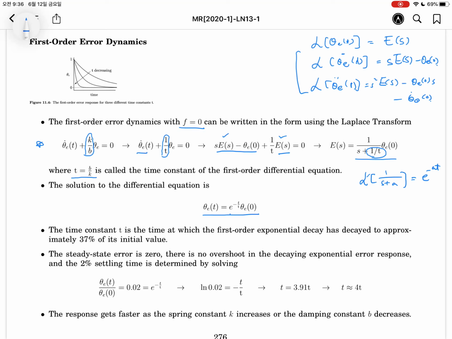It will be the solution. So the time constant tau is the time at which the first order exponential decay has decayed to approximately 37% of its initial condition. So the time constant, okay, let me draw again like this.